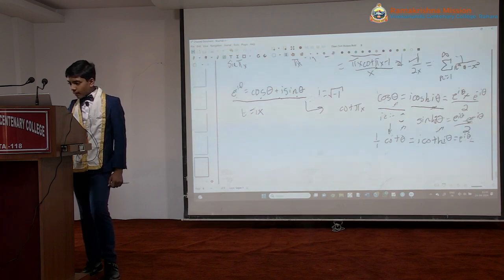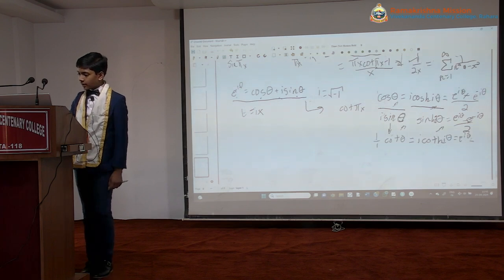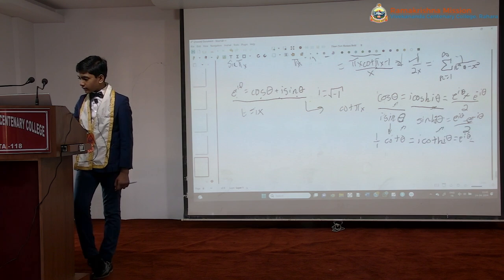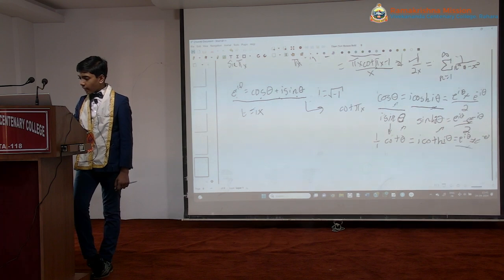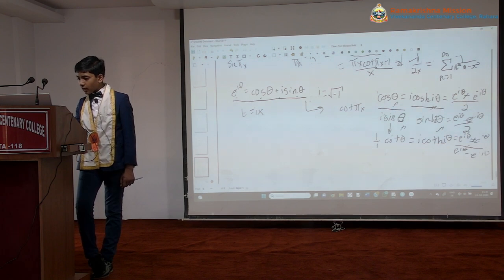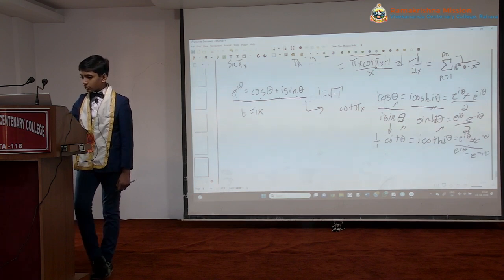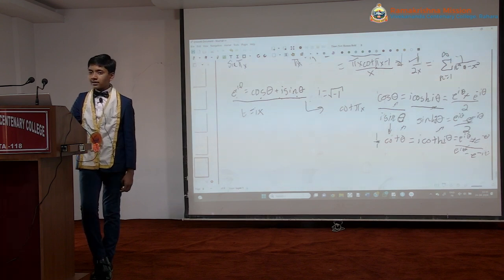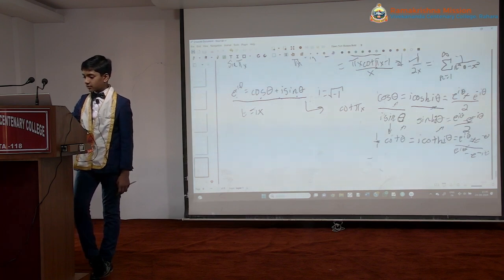Okay, here we go. Alright, so then we get e to the I theta plus e to the minus I theta divided by e to the I theta minus e to the minus I theta. Alright, so that looks a little bit messy, but can anyone please tell me what 1 over I is? Okay, good.